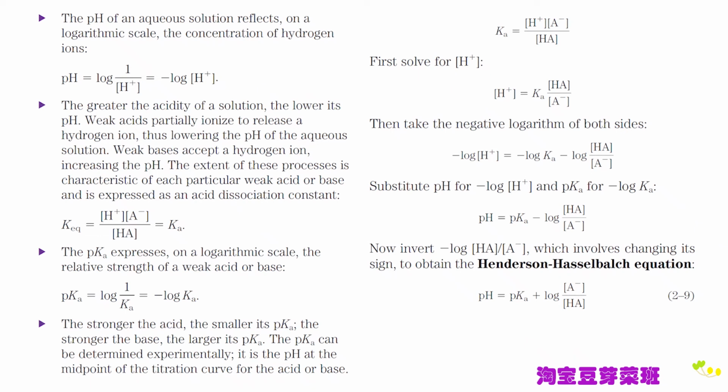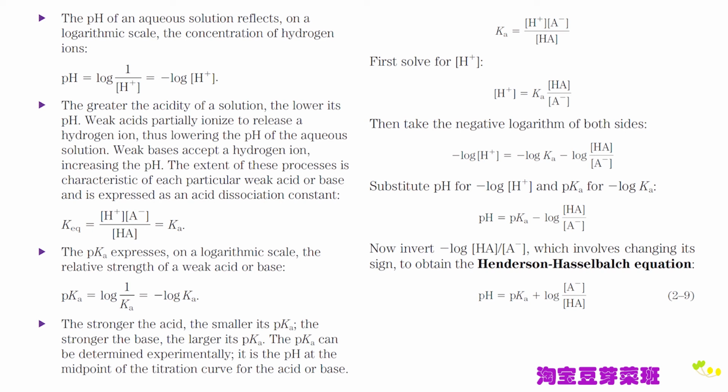Hey guys, in this video we are going to review the Henderson-Hasselbalch equation, and what the predominant species and the average molecule are. First, let's review what pH is. pH is simply equal to the negative log of the concentration of hydrogen ions in the aqueous solution. Ka is also known as the acid dissociation constant.